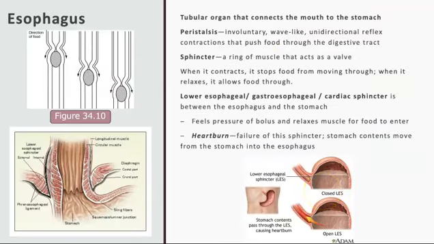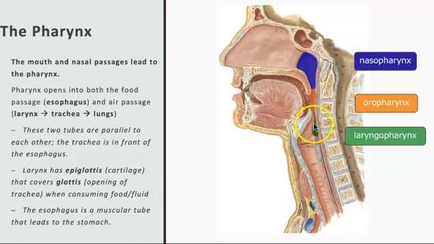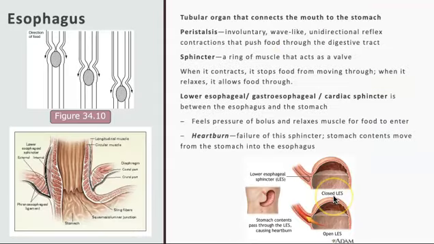And from the pharynx, like we said, here at the laryngopharynx, we are going to move into the esophagus, this muscular tube over here. So the esophagus essentially will move that food down to the stomach.